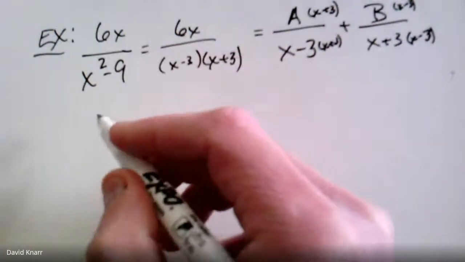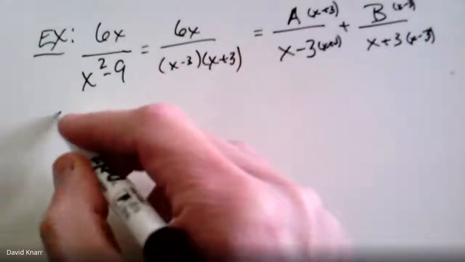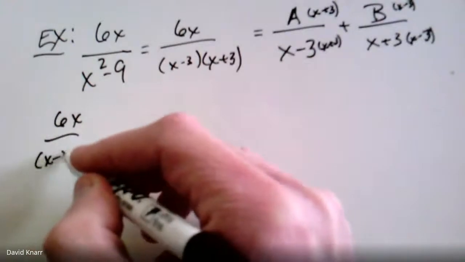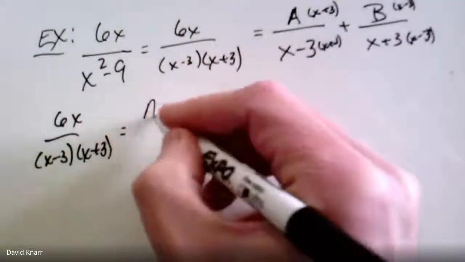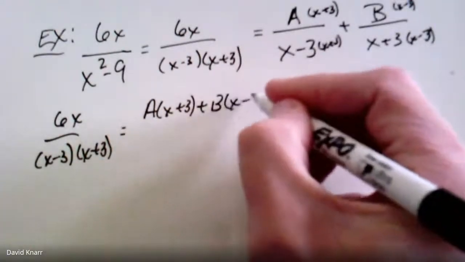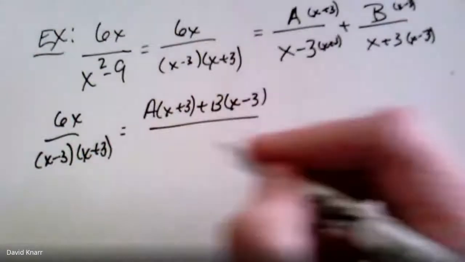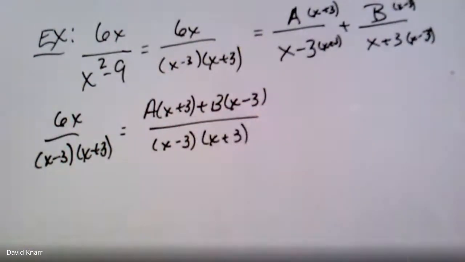So that would give me, I'm going to bring this 6x over x minus 3, x plus 3 down. That would give me a, x plus 3, plus b, x minus 3, over x minus 3, x plus 3.